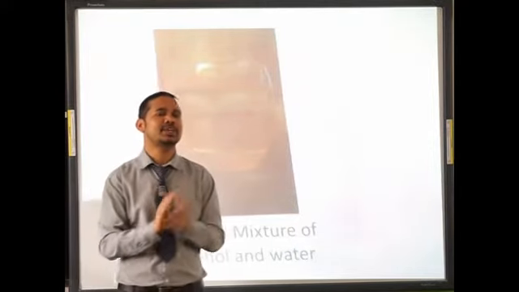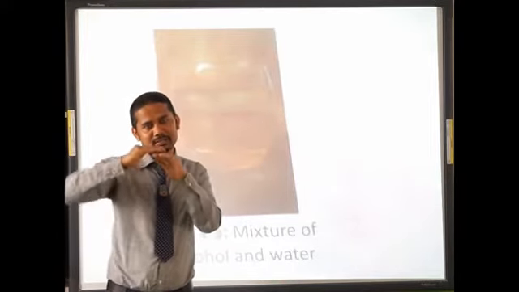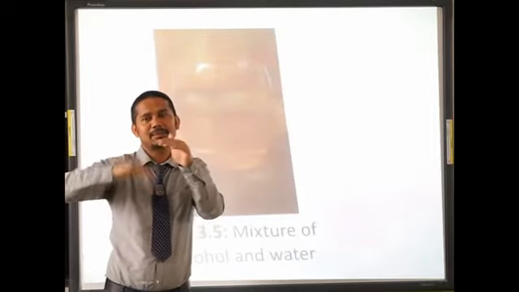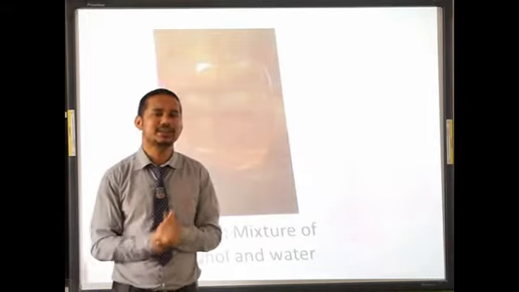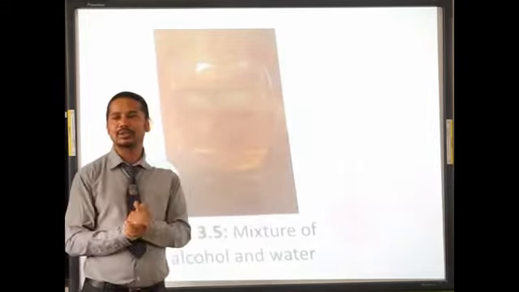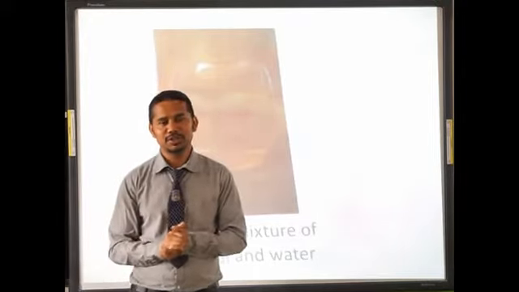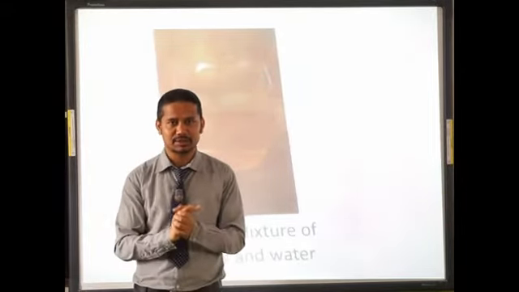No, they cannot. They form different layers. Mustard oil will be in the upper layer and water in the bottom layer, because mustard oil is lighter than water. So alcohol in water is a homogeneous mixture, a liquid homogeneous mixture.